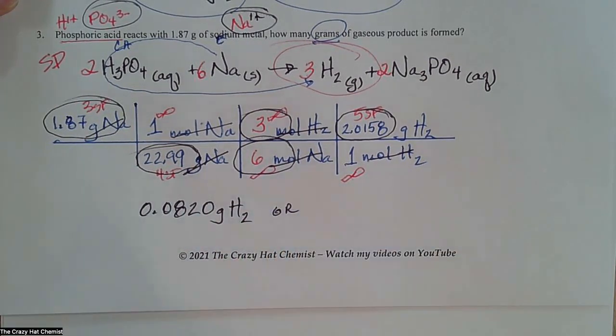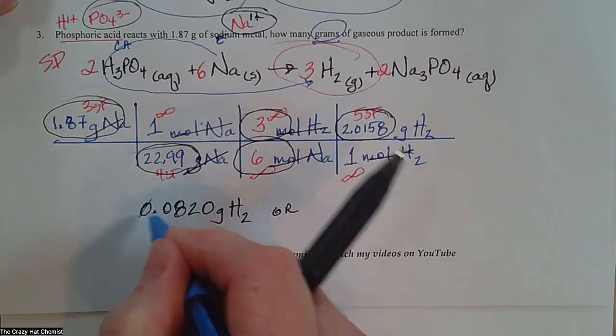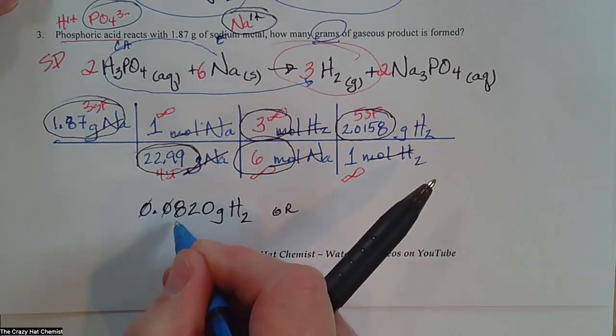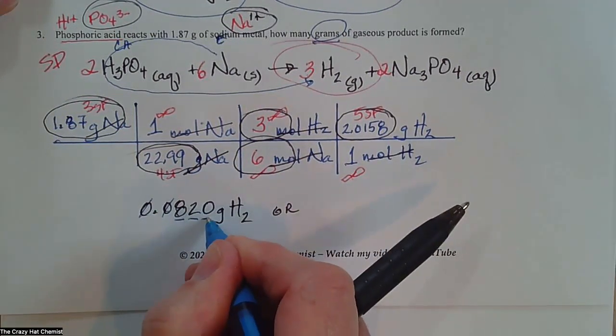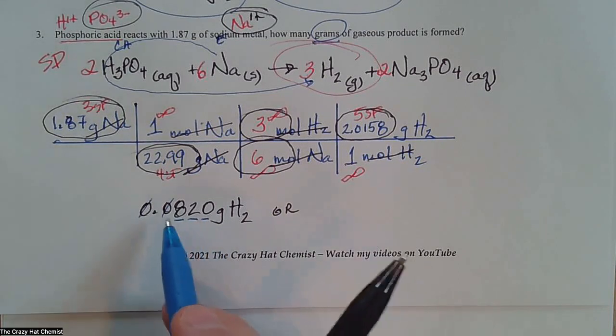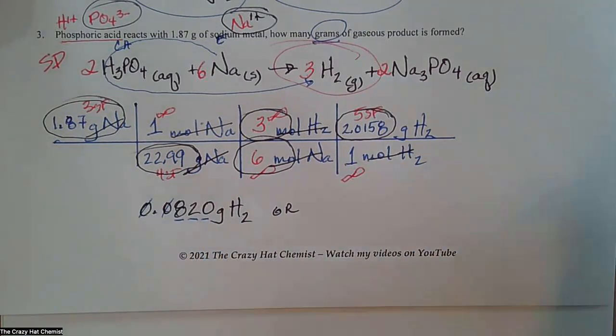I'm going to write an OR statement on this one as well. And I can, if you want to, put this in exponential notation. This number here is in decimal notation. Notice it has 3 significant figures. The leading zeros don't count, they are placeholders. So 1, 2, 3 significant figures. That's a trailing zero with a decimal in it. It counts as a significant figure.